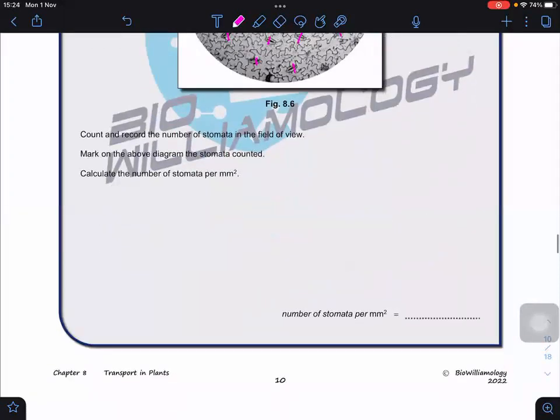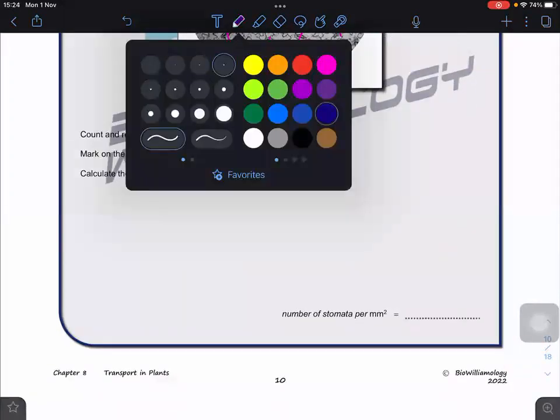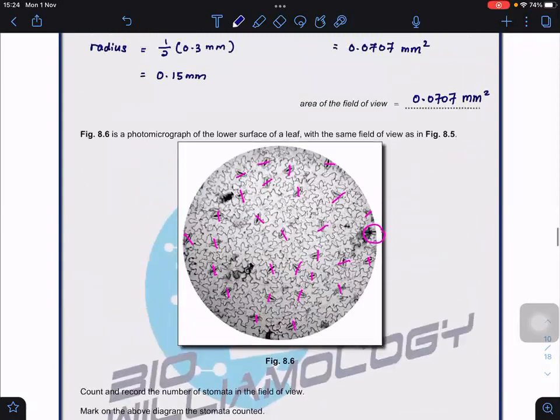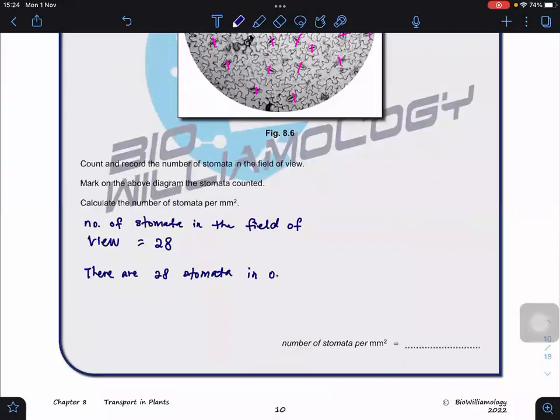Okay, so first, to answer the questions, the number of stomata in the field of view: for me, I got 28. I have 28 stomata. So what is the area? We say that there are 28 stomata in 0.0707 mm squared of area.